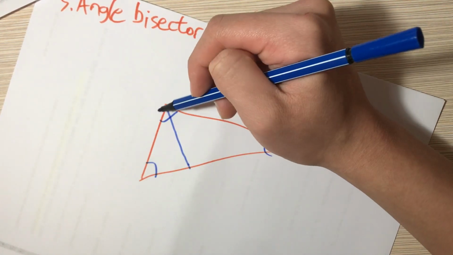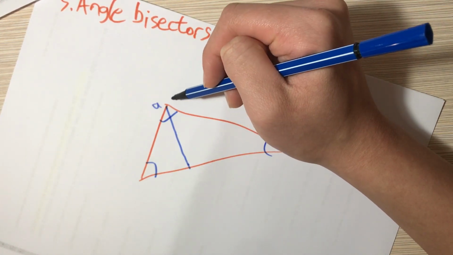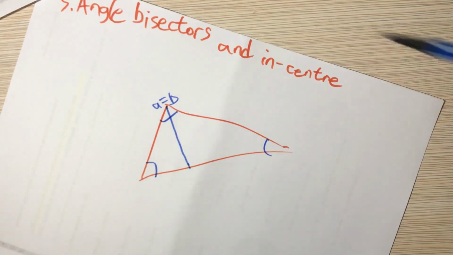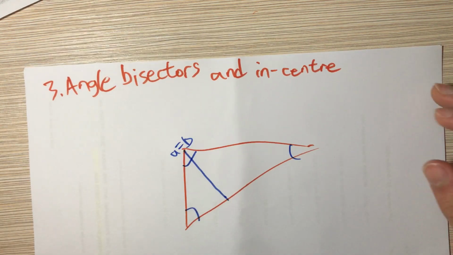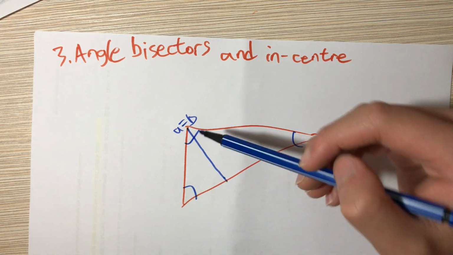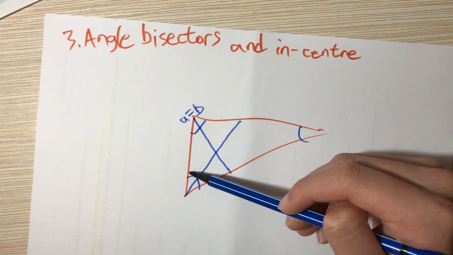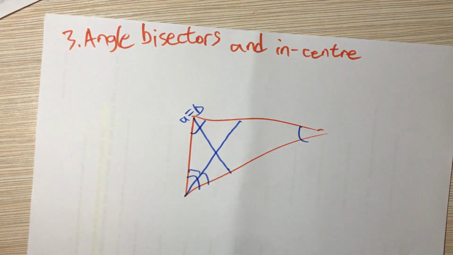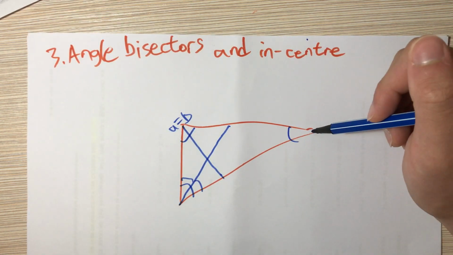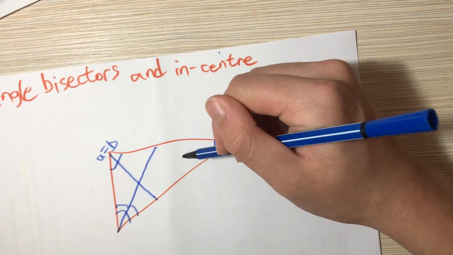In other words, this part of the angle and this part of the angle are the same. Okay, that's what is so-called bisect. We do the same thing here, so these 2 angles are the same, and then we bisect this angle too.